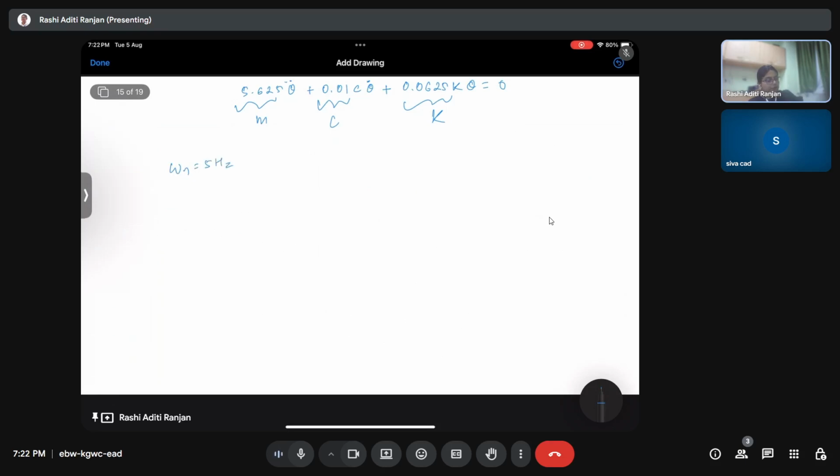And we already know omega n is under root of k by m. But this is in radian per second. So if we want to change it, we know that omega n in radian per second is going to be 2 pi into hertz, right? So for radian per second, if I want to change into hertz, I'll have to divide it by 2 pi.